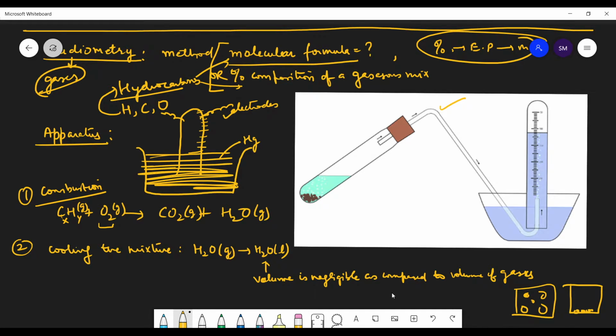So cooling the mixture means water vapor will be converted to liquid and its volume is negligible as compared to the volume of the gases. Is this clear?